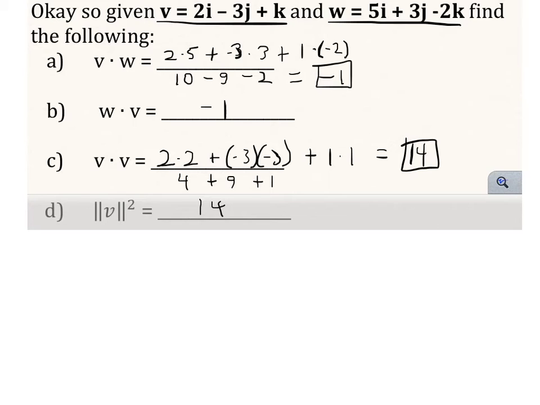So if you wanted to add V and W together here, we would do the same thing we did before.